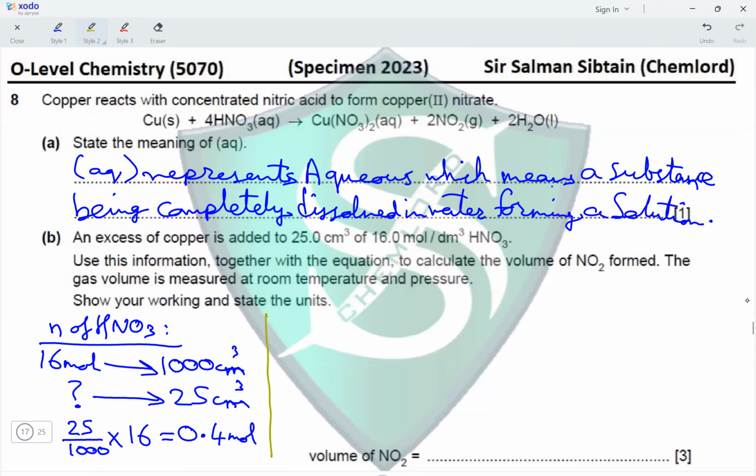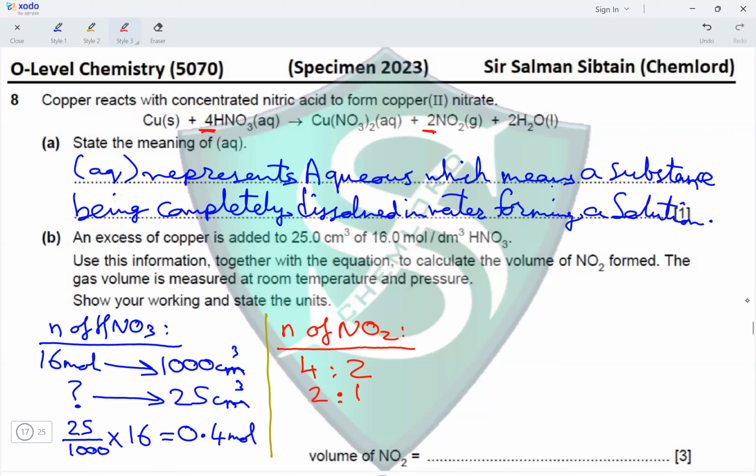So we have found out the number of moles of nitric acid. Now, according to the equation given, 4 moles of nitric acid produces 2 moles of NO2. So the next step would be finding out the number of moles of NO2. So the molar ratio according to the equation is 4 is to 2, which is the same as 2 is to 1.